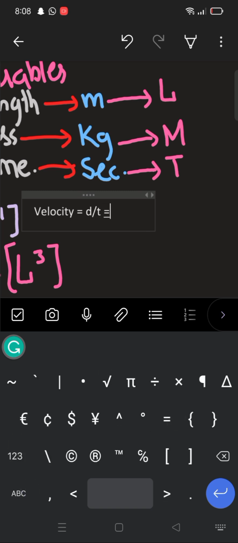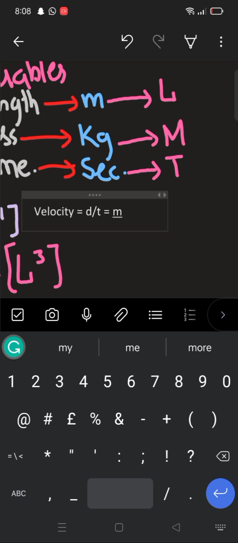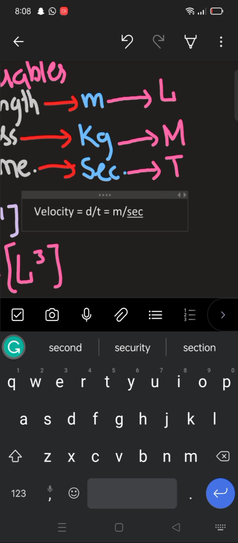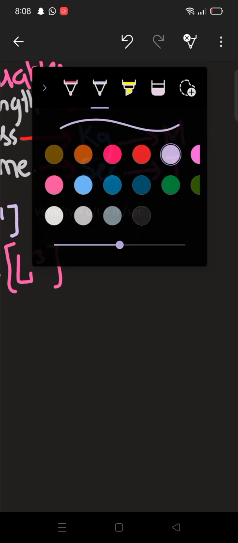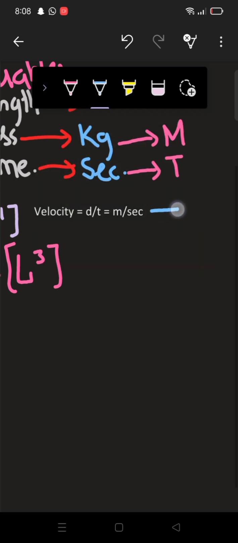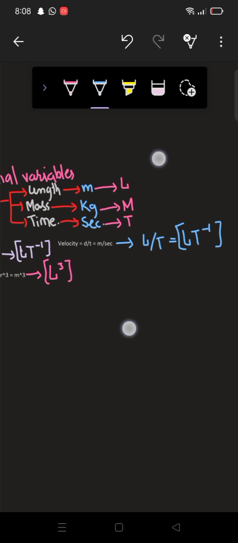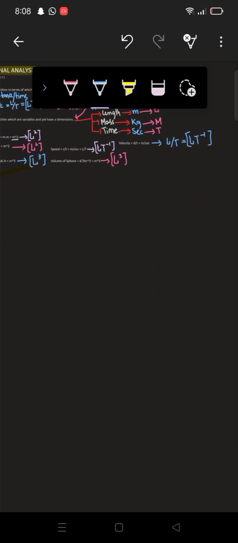The unit of displacement is again meter, over time which has the unit of second. Let's write the dimensional formula of velocity now. Distance is the same as length, so length is represented by capital L over time represented by capital T. If I take T up, we need to take the minus power of T, so L T inverse. So this is the dimensional formula of velocity. As you can see, velocity has the same dimensional formula as speed.